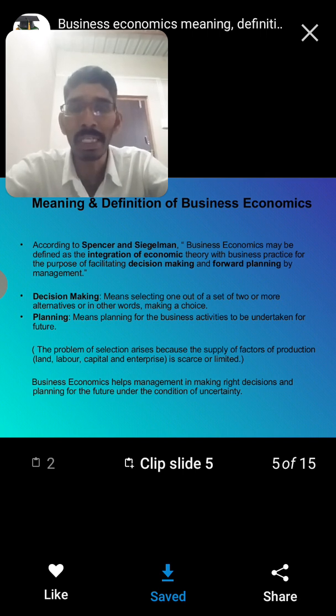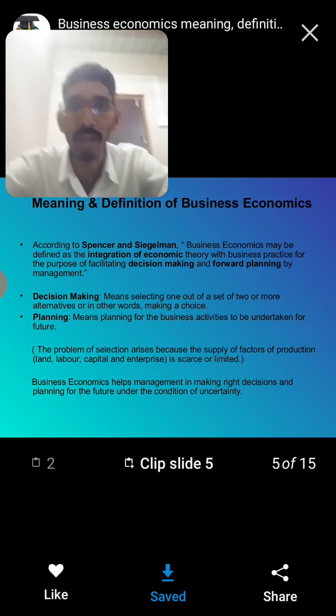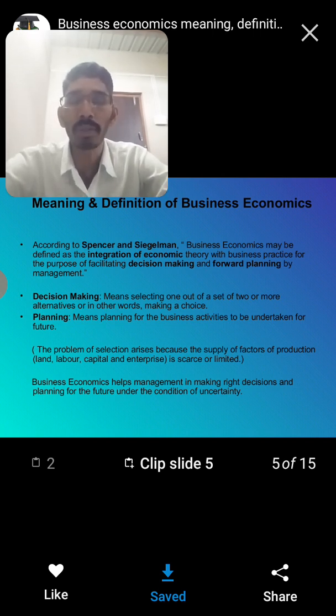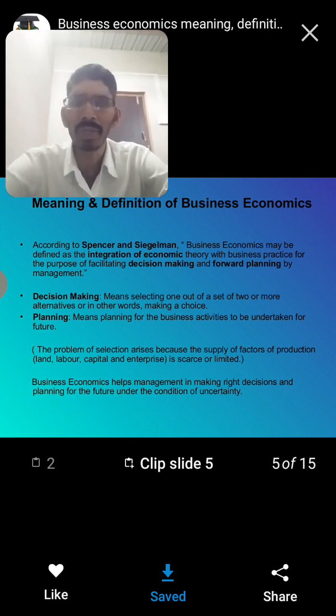Every businessman has to know business economics in order to take proper decisions and make proper plans for the future. Business economics helps the management in making the right decisions and planning for the future under conditions of uncertainty.